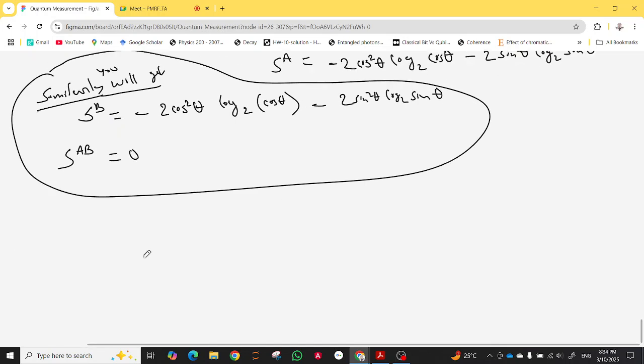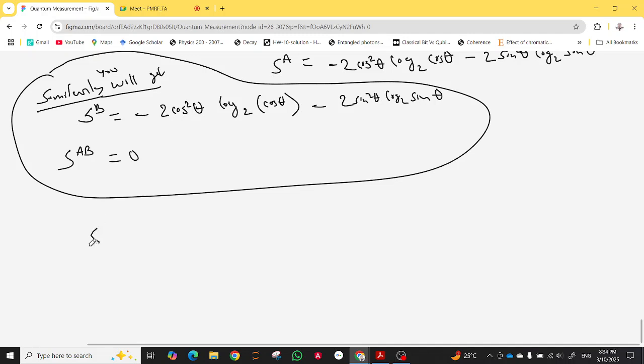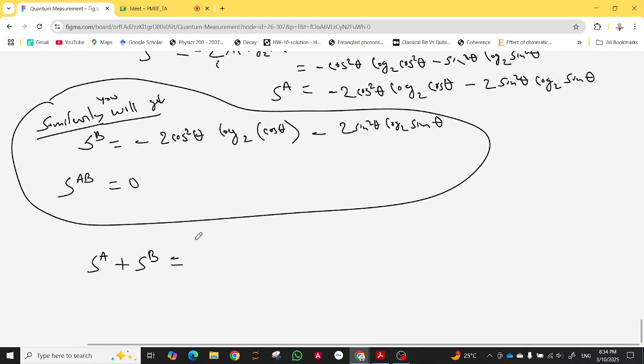Now do the summation, SA plus SB. If you do SA plus SB, what will you get? You will get minus 4 cos square theta log 2 base cos theta plus sin square theta log 2 base sin theta.